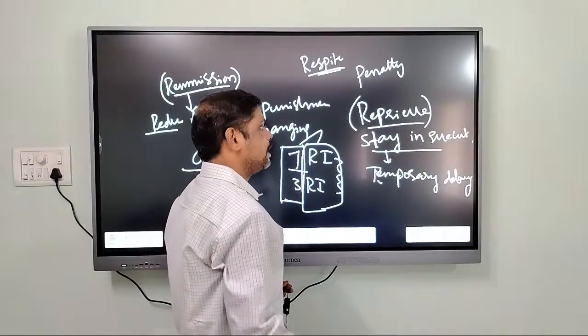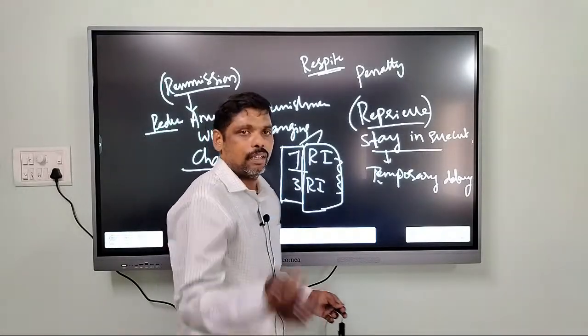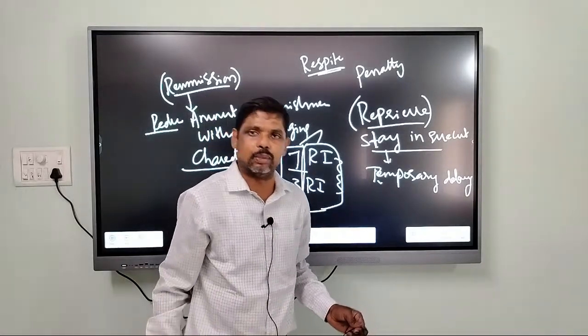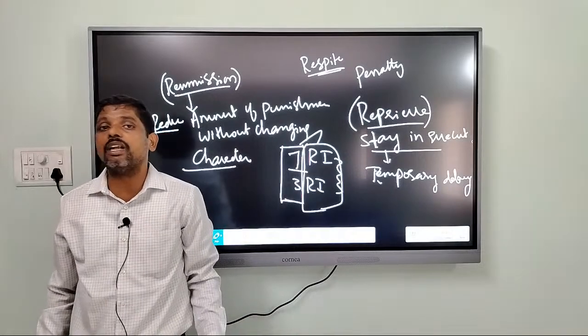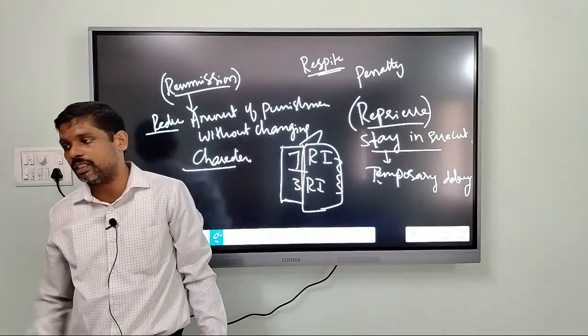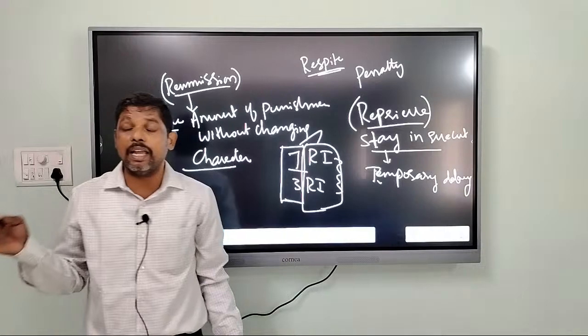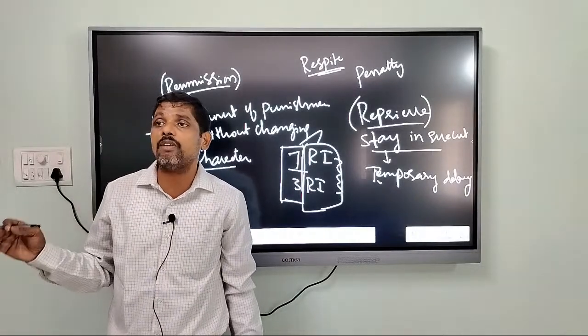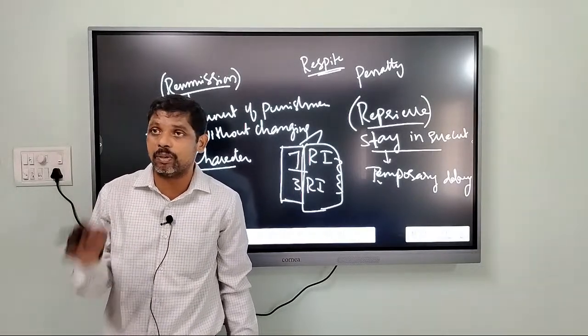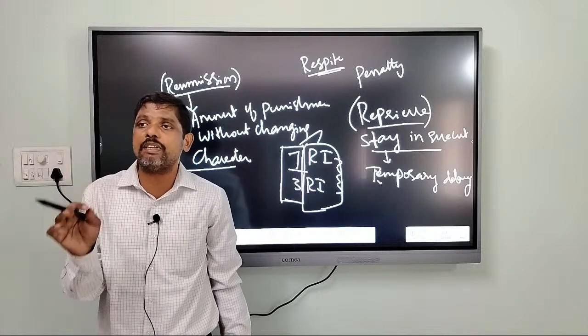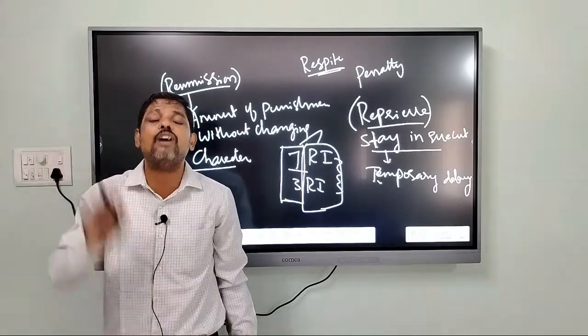It is up to the President. Say for example, when a death punishment is imposed, instead of executing it, the President of India can provide reprieve. If a reprieve is given, there will be a delay in the execution of punishment.